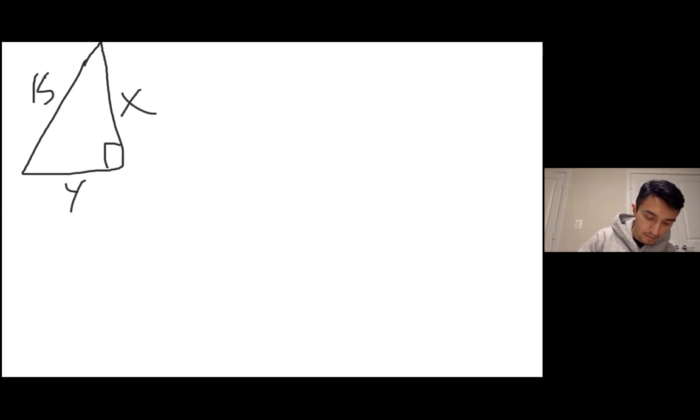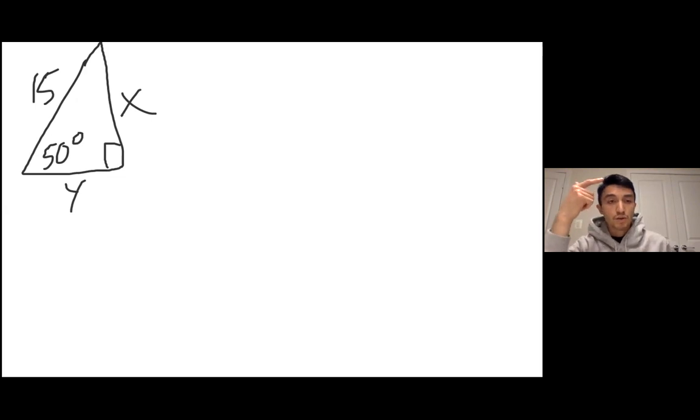So let's say that we got two unknowns in this case, and then right here is an angle, and it's 50 degrees this time, okay? I should really get a stylus, I just realized.